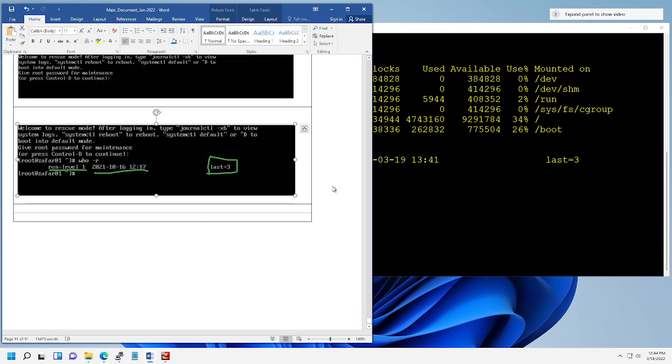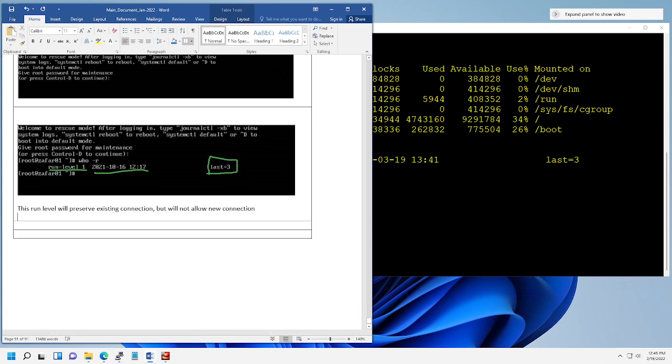It goes in here at run level 3. So the new connection is not allowed.